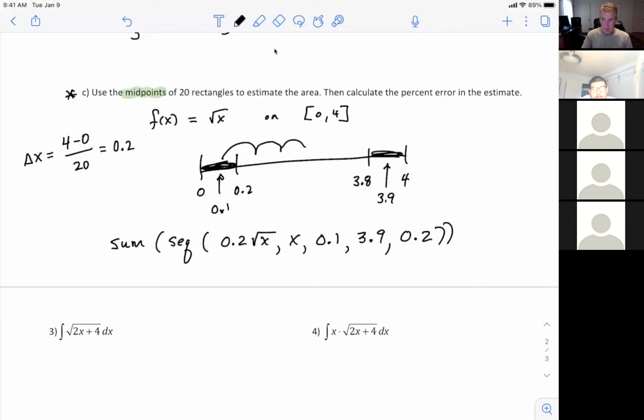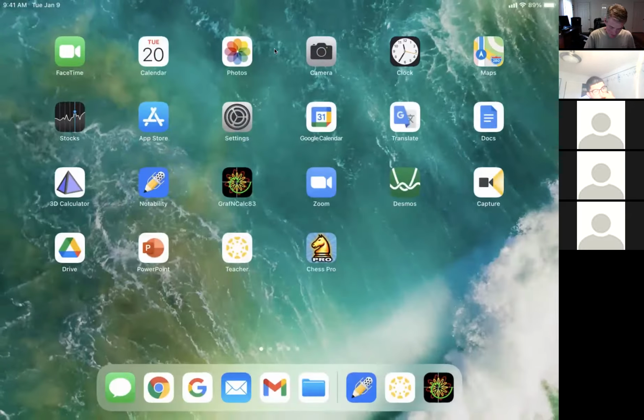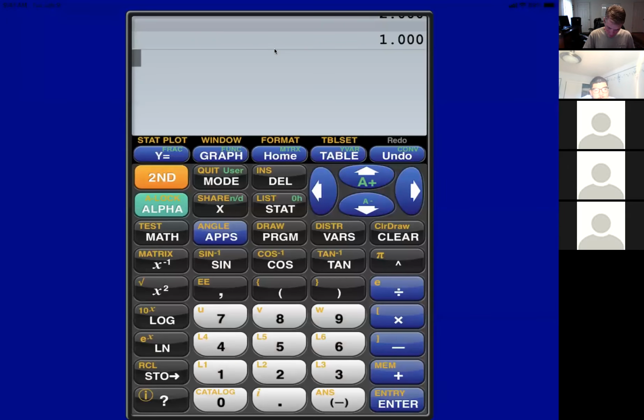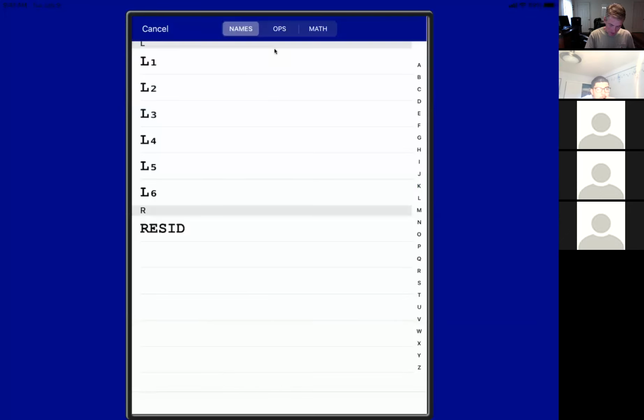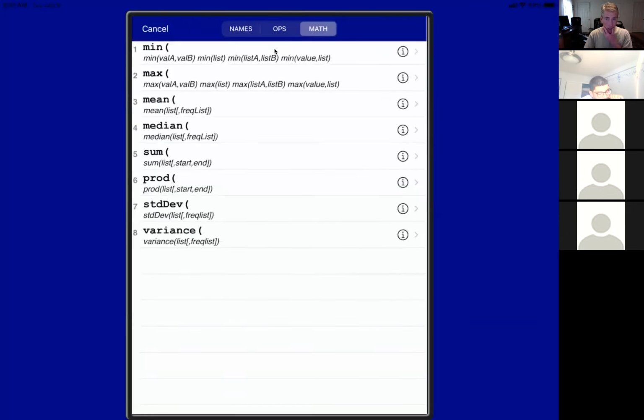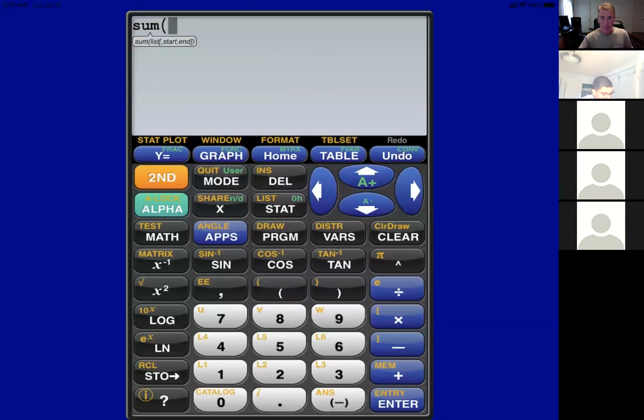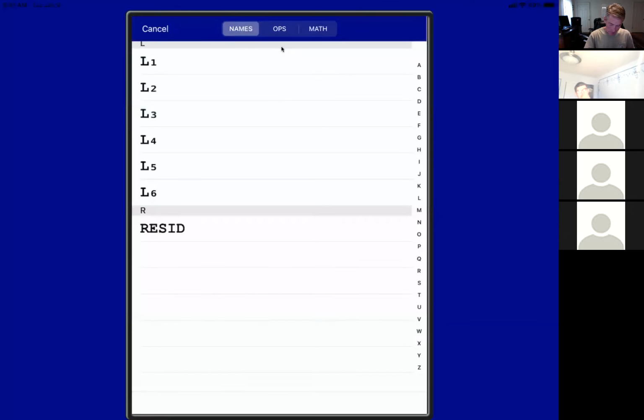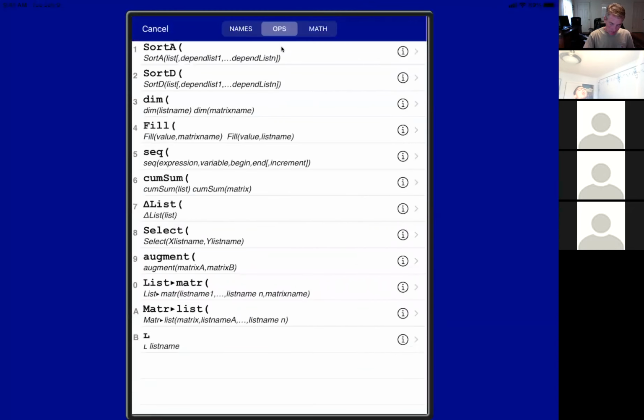Okay, now moving over to the calculator. So go to second list, and then to math. And number 5 is the sum. And then go to second list, then to ops.